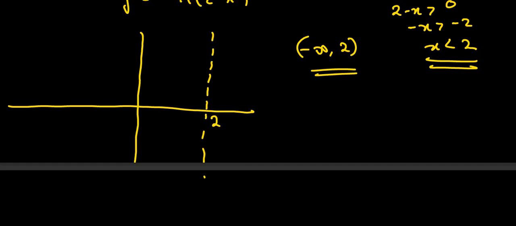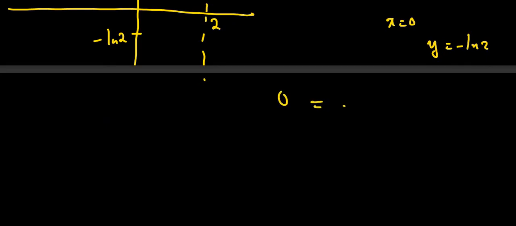Then if you check the intercepts, when x is equal to 0, this is just going to be y is equal to negative ln 2. So negative ln 2 is somewhere there. Then if y is 0, this is 0 is equal to negative ln of 2 minus x, the same as 0 is equal to ln of 2 minus x.